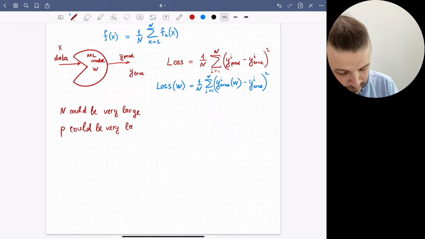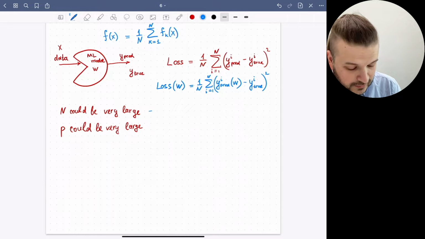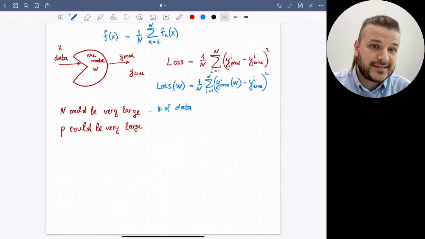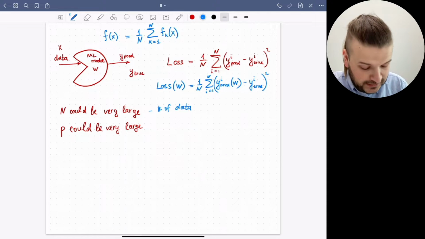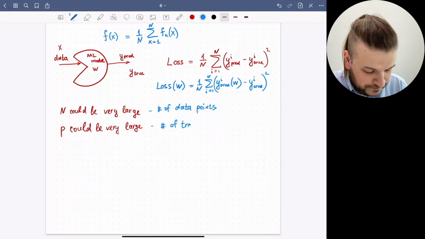Again, n stands for the number of data points, let's say images or text strings, and p is the number of trainable parameters of the model.